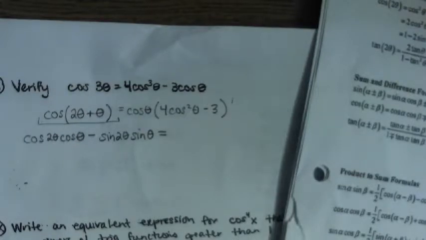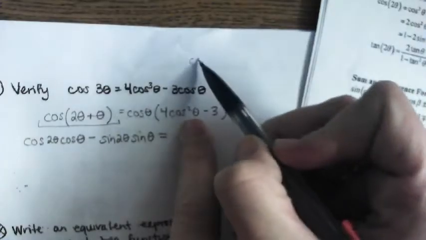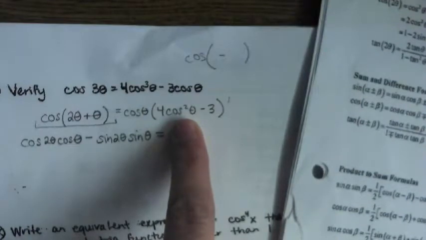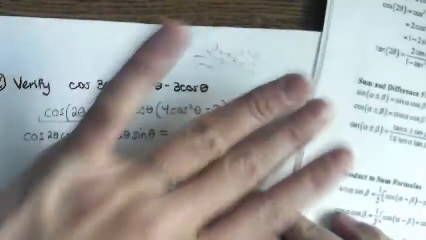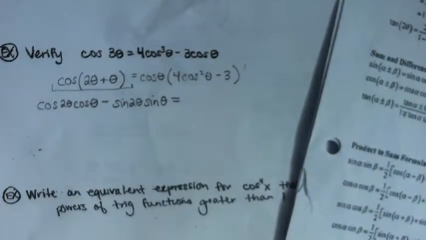Am I taking the cosine of something plus something, or am I taking the cosine of, what did you say? I'm not, right, are you talking about this subtraction? But it would have to be the cosine of something minus something, and that's not what's happening here. Okay? But on the left side, what other formulas can I put to work here?